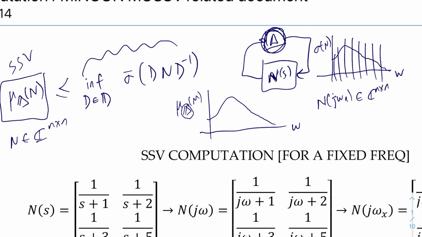So we can compute its singular values, and all singular values are positive real numbers, and get the maximum of it. Let's say n is 3 by 3, and at each frequency, of course, we have 3 singular values, and we take the maximum.